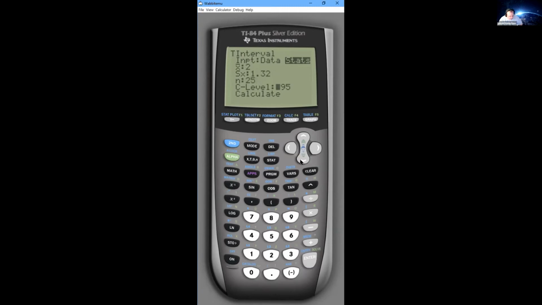And I forgot what I wanted. Did I want a 95%? Yeah, okay. So I want a 95% confidence interval. So I'll make that 0.95 and hit enter and go for it. And the real answer is it's somewhere between 1.46 all the way up to 2.55.